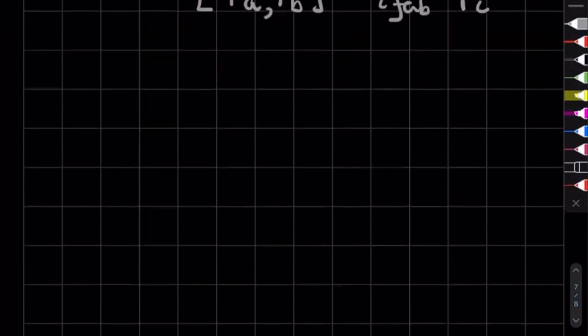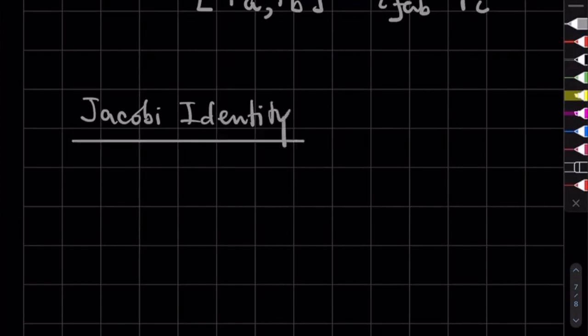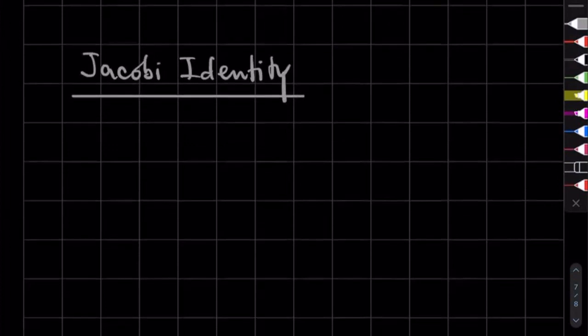So the way we do this is that we start with the Jacobi identity. So we know that the Jacobi identity is satisfied for a Lie algebra. So let's write that out.